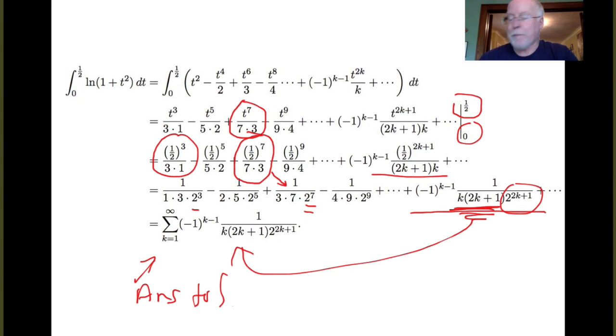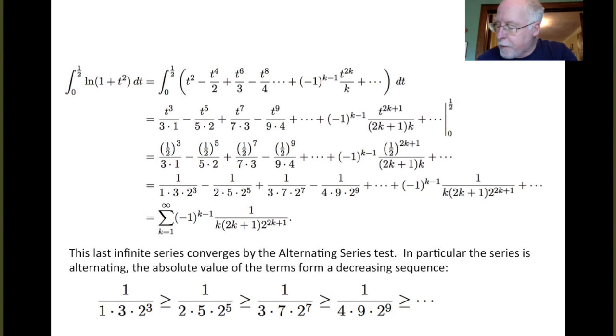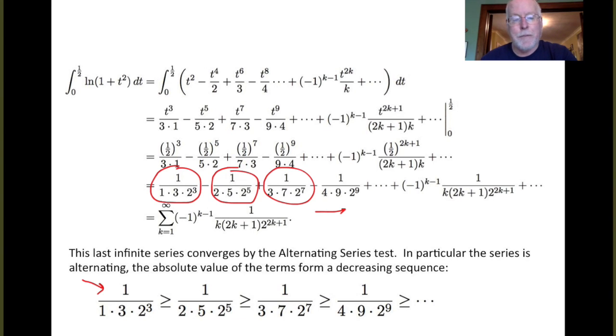Now we're going to do that by the alternating series test. So let's first notice that if I look at the terms of this series, at least the absolute values of those terms, that's this one, then this, etc. Here they are down here. Notice they get smaller as we go out. The terms are decreasing. So as you move from one term to the next, notice everything in the denominator gets bigger, and bigger denominators make smaller fractions.